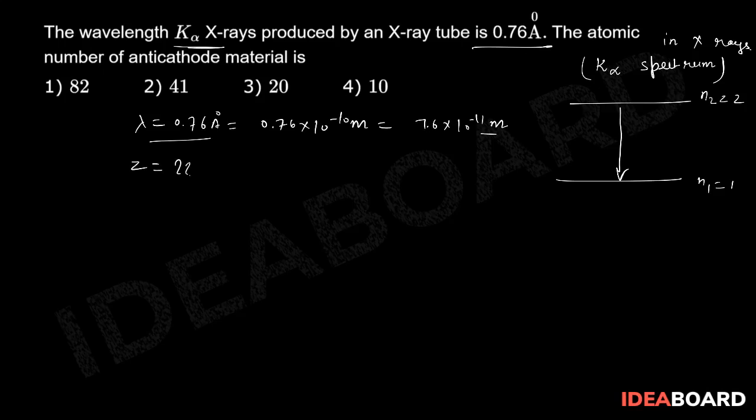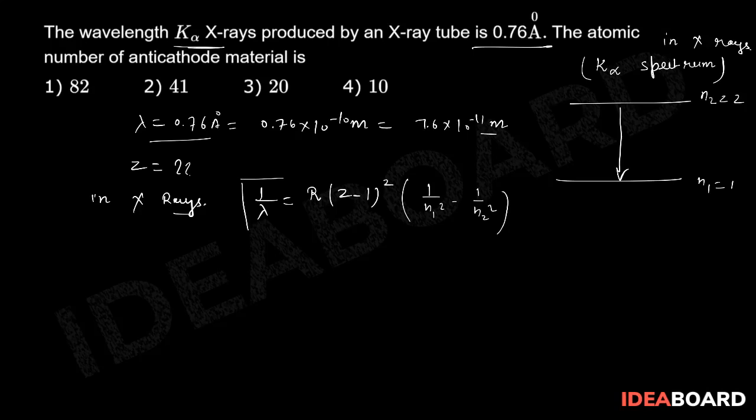Atomic number is Z. We know the relation in X-rays: 1 upon lambda is equal to R, the Rydberg constant, into Z minus 1 whole square into 1 upon n1 square minus 1 upon n2 square. This is our actual formula in X-rays.